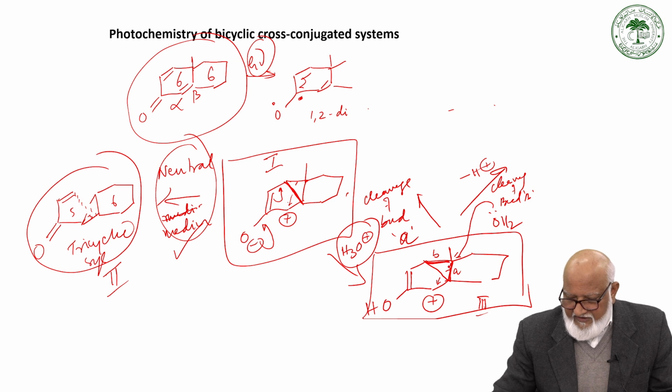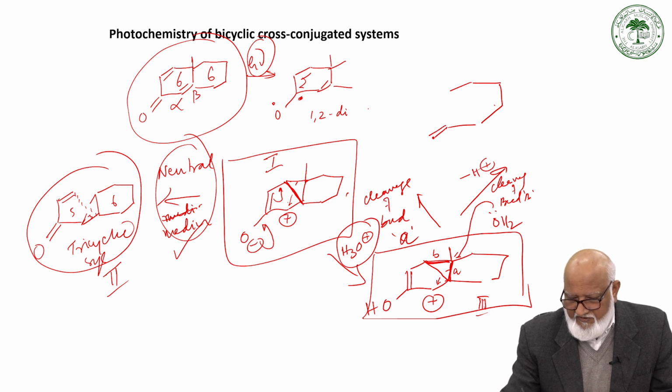We can see that this bond cleaves, then it is a 6 and 7 member ring. It is a ring expansion. This bond gets cleaved.